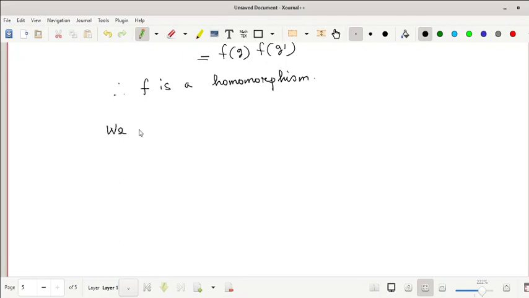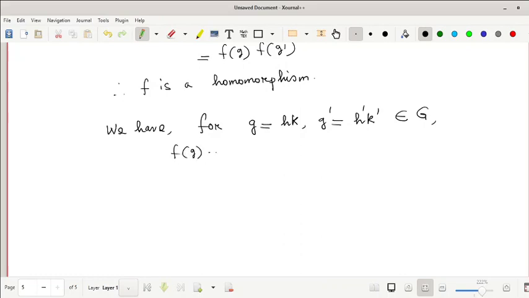Let us prove that f is one-one. We have, for g equal to hk, g prime equal to h prime k prime belong to G, f of g is equal to f of g prime implies k equal to k prime.